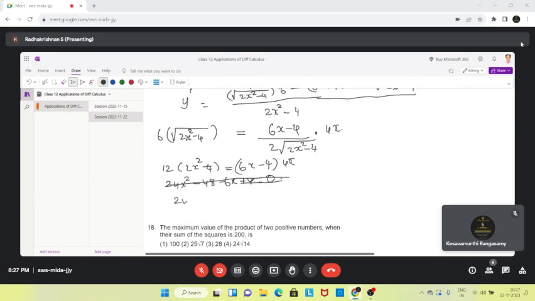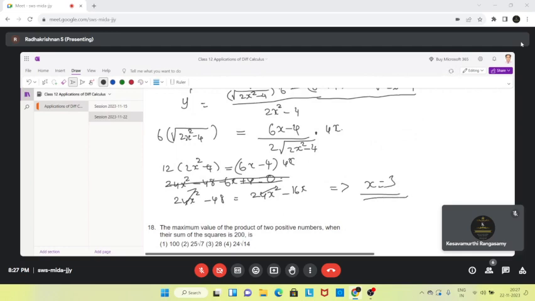So 24x square minus 48 is equal to 24x square minus 16x. So you get minus 16x equal to minus 48, or x equal to 3.